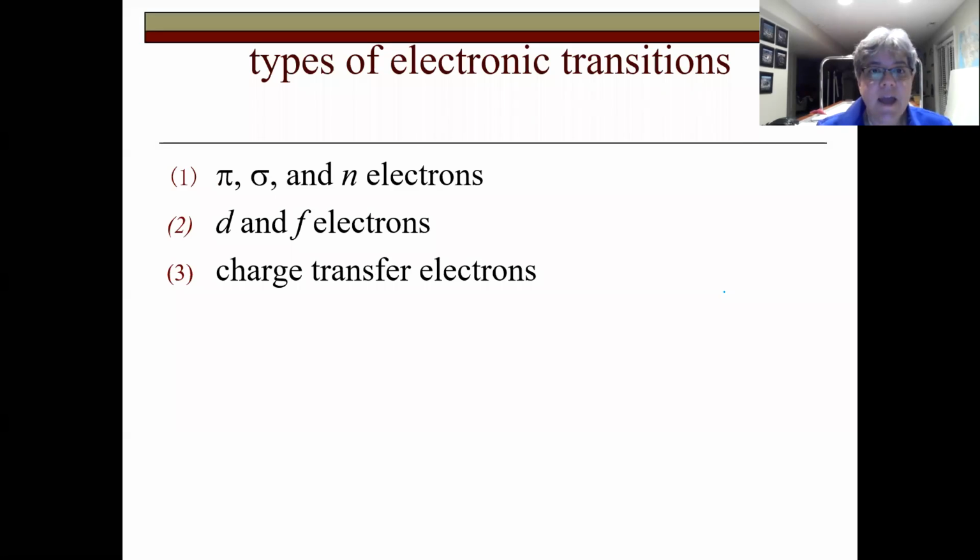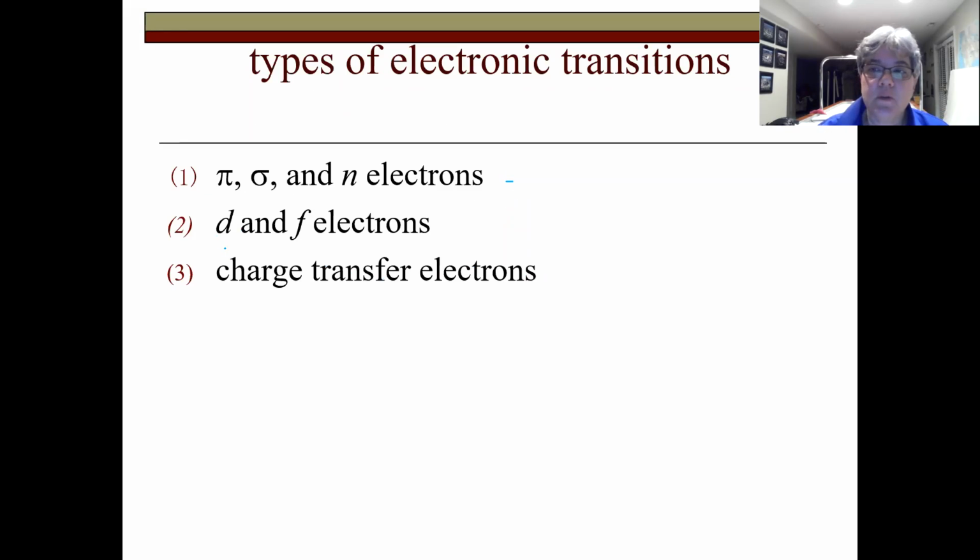All right, so next, the type of electronic transitions that we have. There are 3 different types of electronic transitions that we can talk about for absorbing UV vis light. And remember, all of these are the valence electrons, the outer electrons. The first type are those things that we call pi, sigma, and n electrons. These are basically absorption in organic molecules.